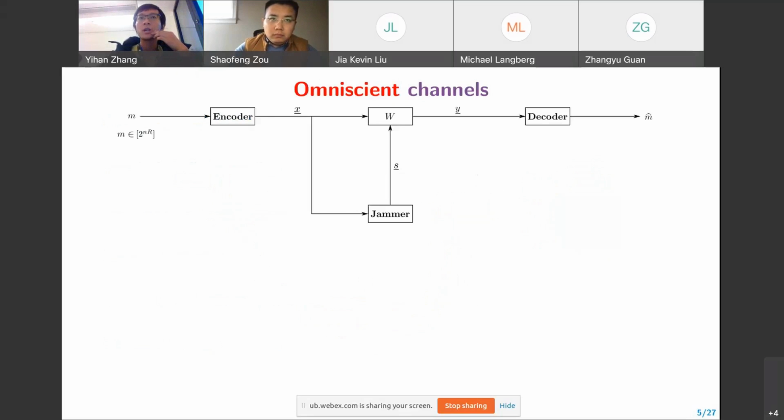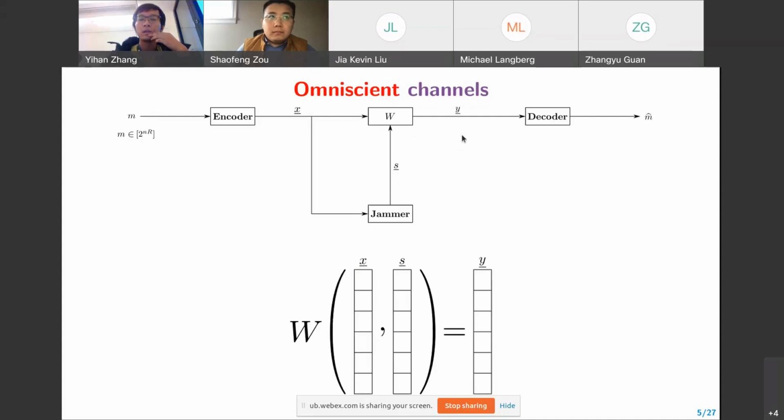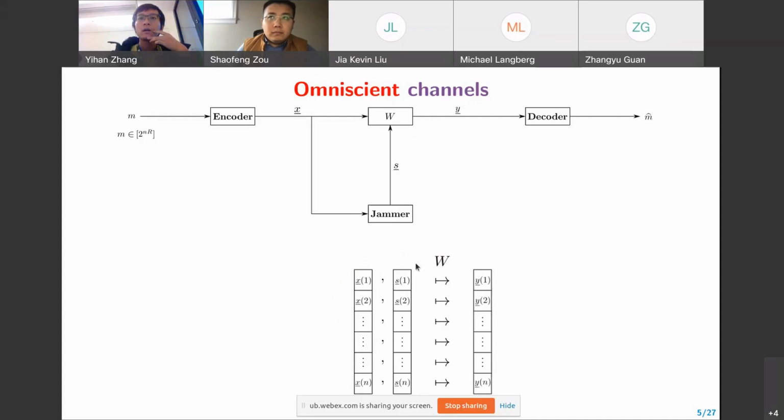Mathematically, this is a channel model. We have this channel W. It takes two inputs, the input vector X and some noise vector S, and it outputs some Y. It does so by taking X and S and acting component-wise on each pair of components Xi and Si, and outputting Yi in an IID manner.